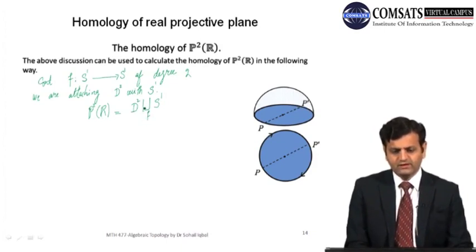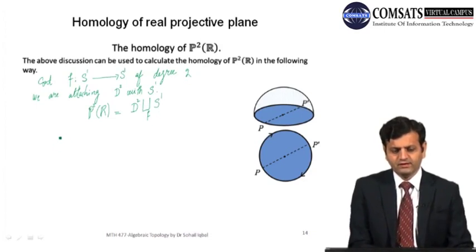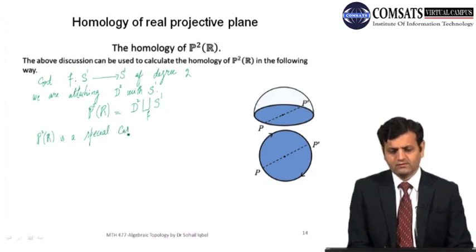We remember that we calculated the homology of the space C, which we obtained by attaching an n+1 cell to Sn. Now we are attaching a 2-cell to S1. In that case it was a degree d map, and in this case it's a degree 2 map. So P2R is a special case of C. So what is C?